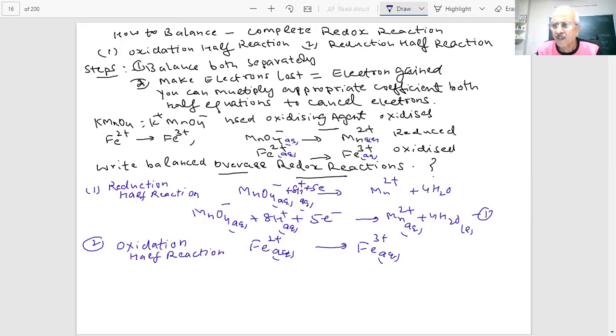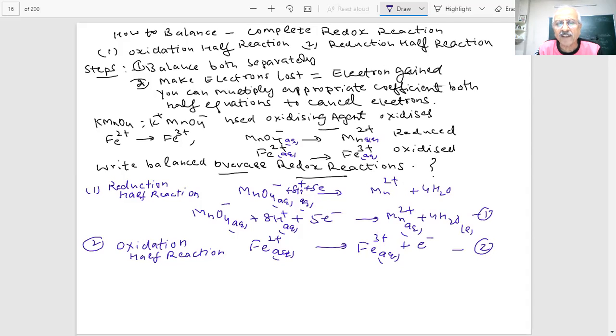Which side will you add electron, left or right? I'll add on the right side. How many electrons? I'll add 1 electron. Now everything is balanced. Equation number 2.